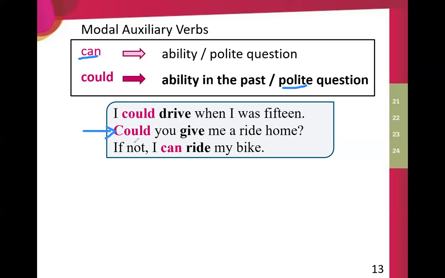So I'm asking you right now to give me a ride if you can. If not, I can ride my bike. So it's in the present, not in the past. But the first sentence is in the past, not in the present. So could can come in both meanings, in the present and in the past. When you ask a question, it means that you are asking a question or making a request in the present time, not in the past time.